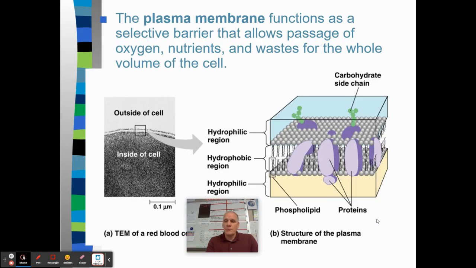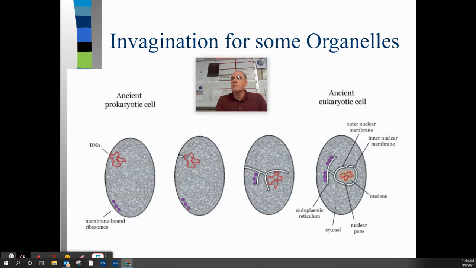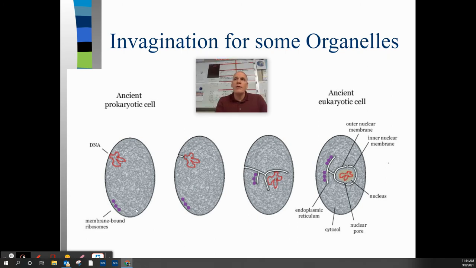Okay? Other organelles, what's going on? Other organelles, such as the endoplasmic reticulum and the nucleus, we think may have evolved through the process of invagination of the cell membrane. So here we see some DNA, and we see the membrane beginning to kind of infold towards itself, and eventually it will cover or surround that nucleus.